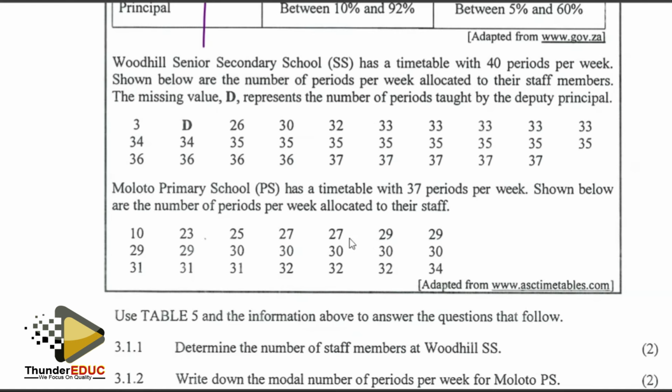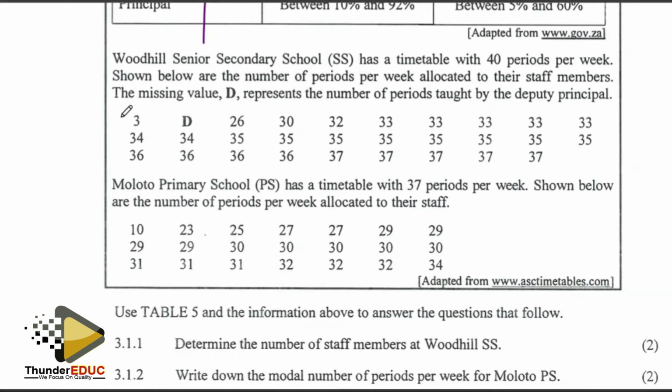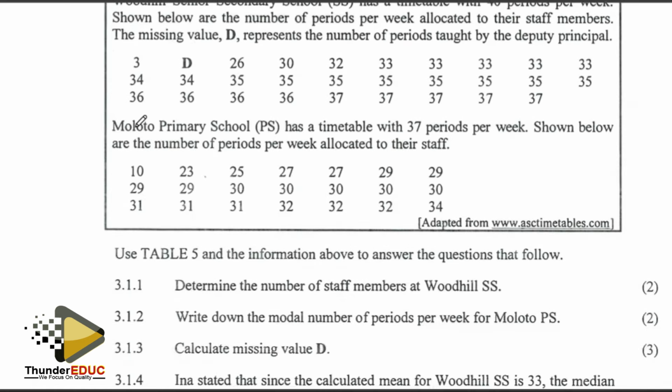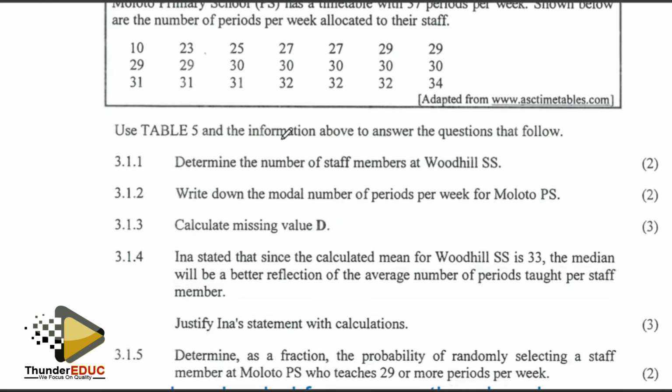Then these are the other periods for other educators. Then Moloto Primary School, PS, has a timetable with 37 periods per week. Shown below are the number of periods per week allocated to their staff. Use Table 5 and information above to answer the questions that follow.